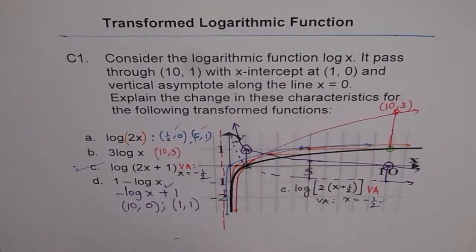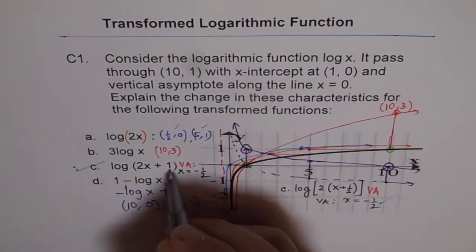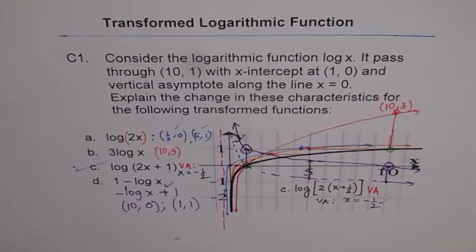So the vertical asymptote will not change by a vertical stretch or a compression or a vertical translation. Vertical asymptote only changes if there is a horizontal translation. Do you understand? Only a horizontal translation, which we saw here, will make a change in the vertical asymptote and no other transformation, correct?